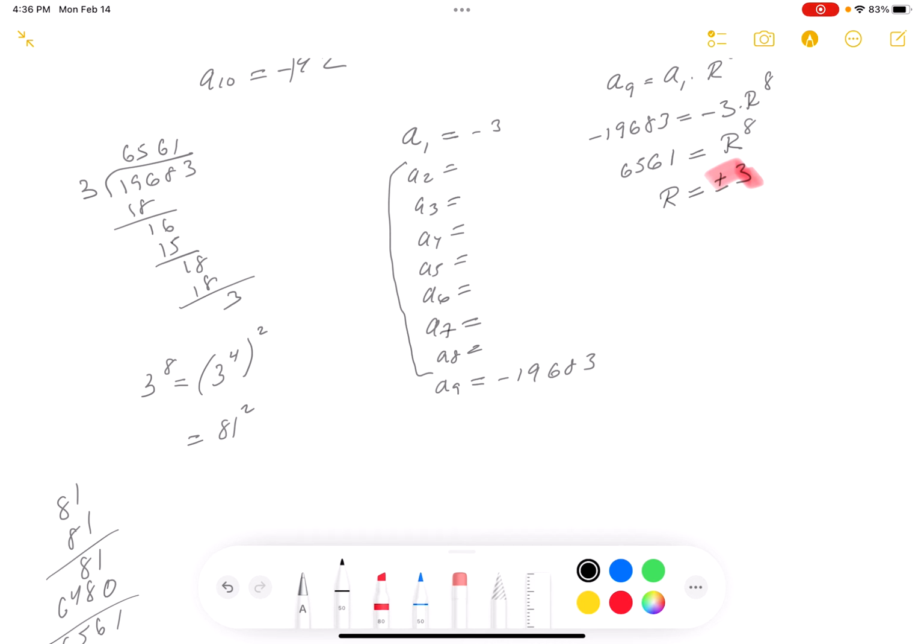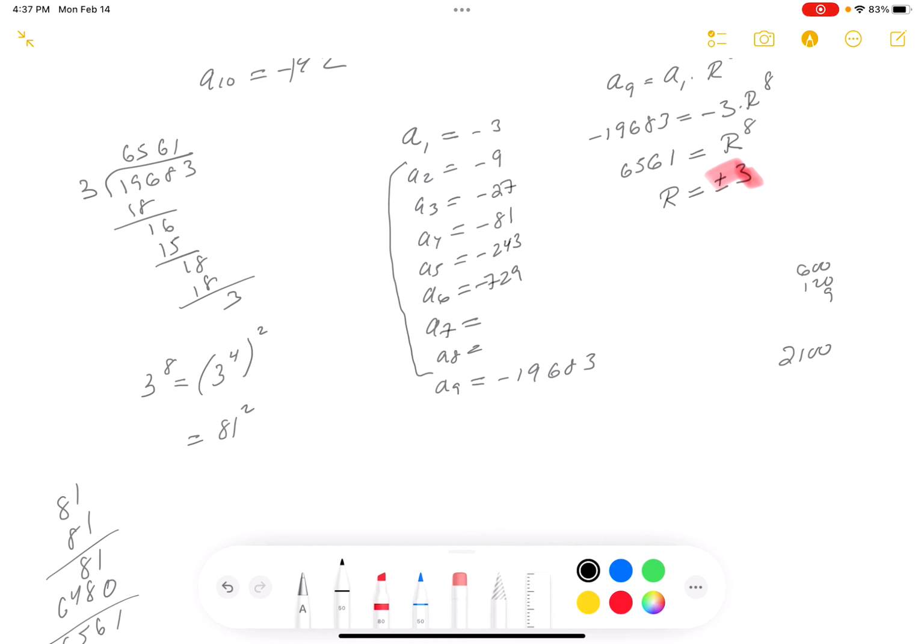And you multiply by 3, what'd you get? -9, -27, -81. We're multiplying by 3. -243, -729.